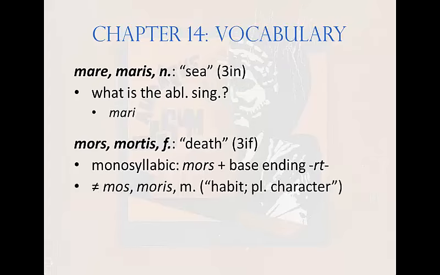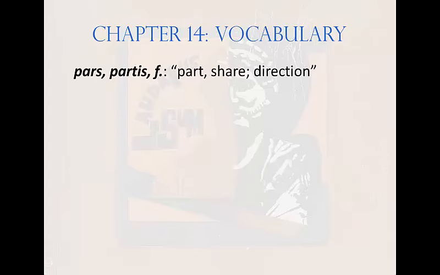Be careful not to confuse this word with another word we've already had, mos, moris, masculine, which means habit or in the plural character. The base of the word for death has a T at the end of it. What would be the genitive plural of this word? Yeah, come on. This is what we've been studying. Yes, of course. Mortium.